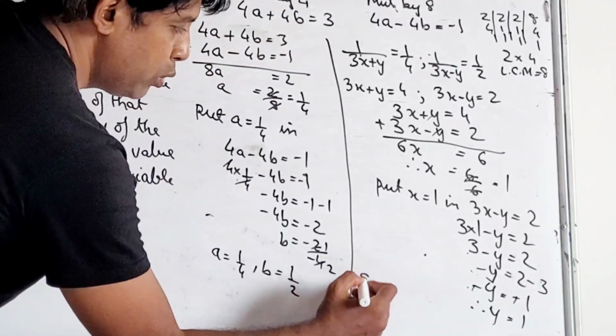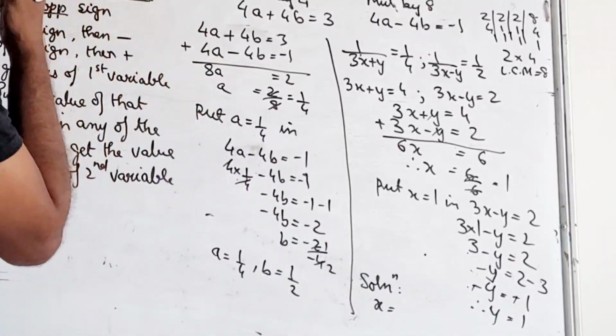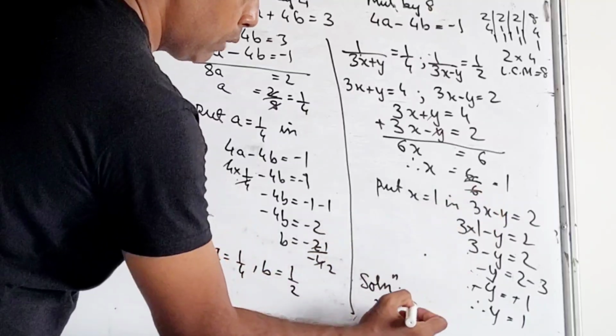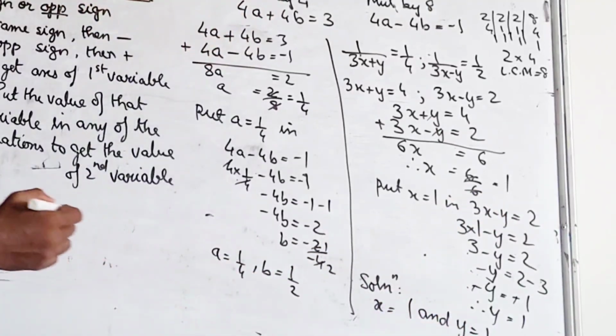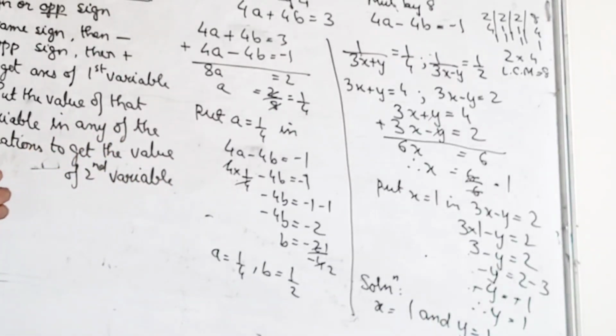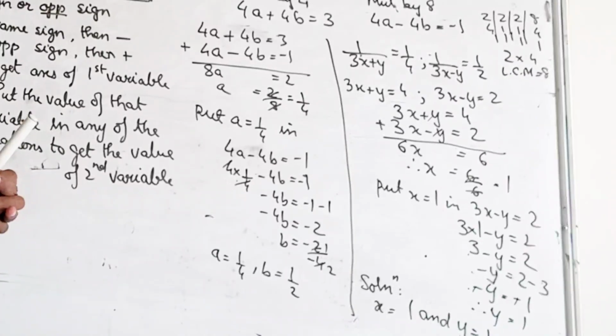So the final solution of this sum is x would be equal to 1 and y will be equal to 1. So that's the answer. So this is how you have to solve the simultaneous equation sums.